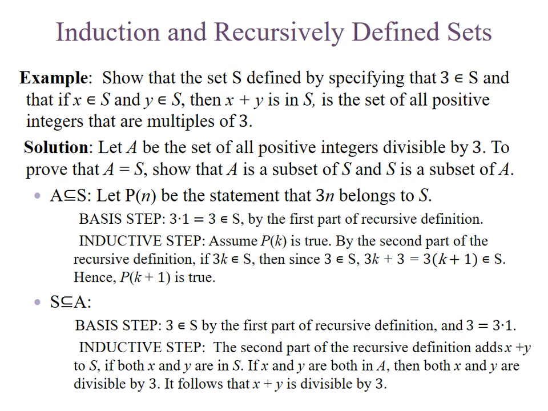So if x and y are in A, that means x and y can be divisible by 3. Okay, so we can write x equals 3 times k, and y equals 3 times p. Then x plus y actually is 3 times the sum k plus p. Okay, that means x plus y is also divisible by 3.